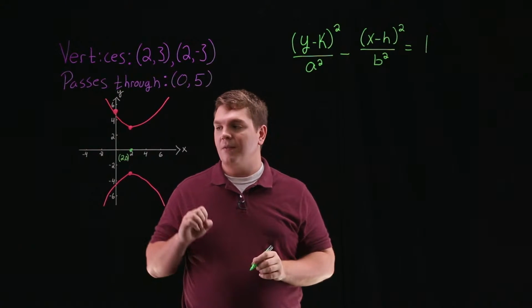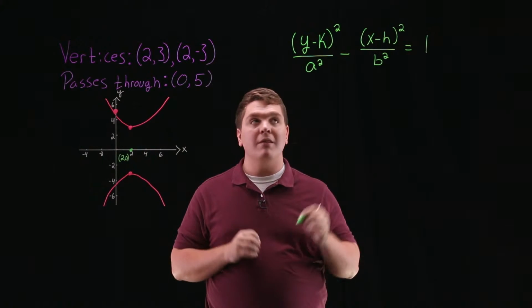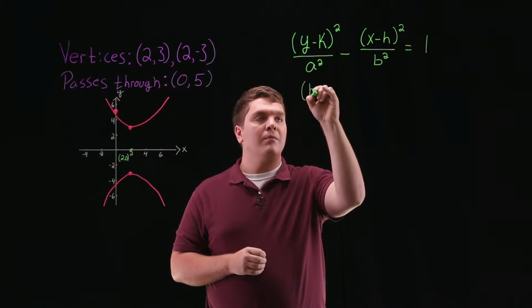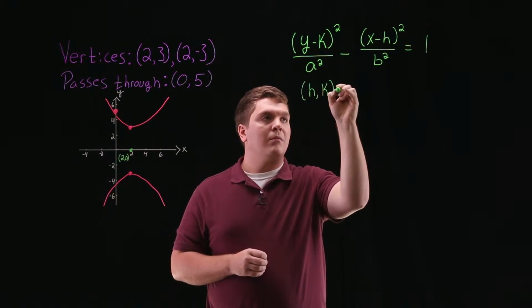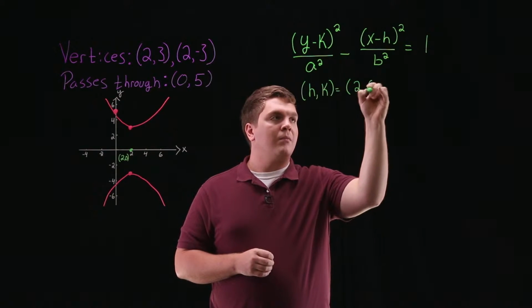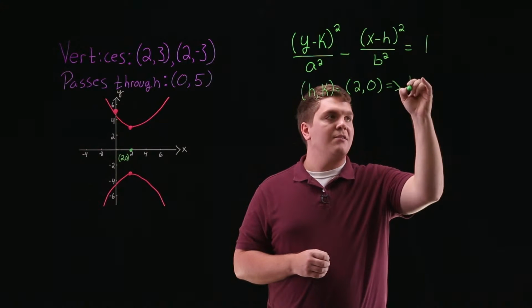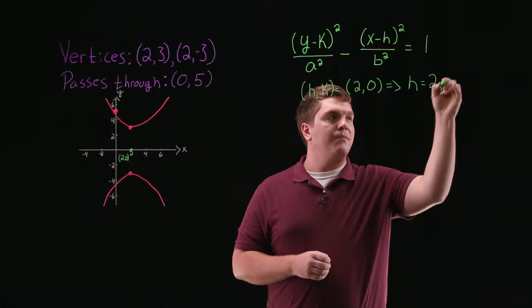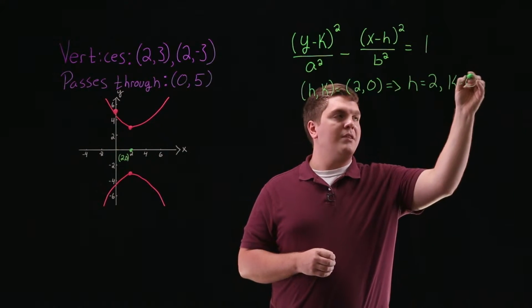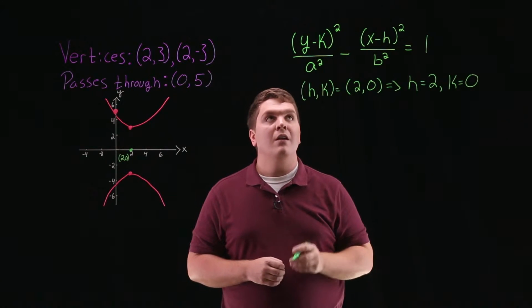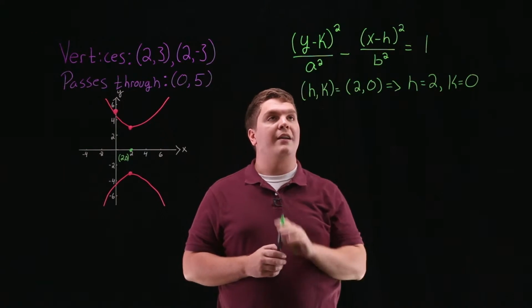So what that tells us is that we're going to have the point (h, k) equals (2, 0). And what that implies is that h is equal to 2 and k is equal to 0.